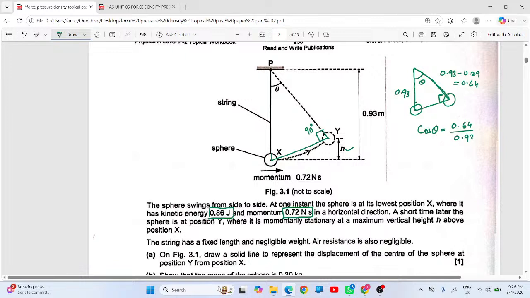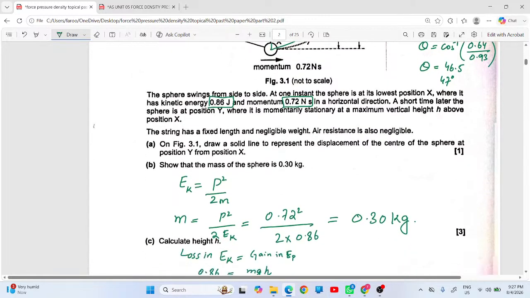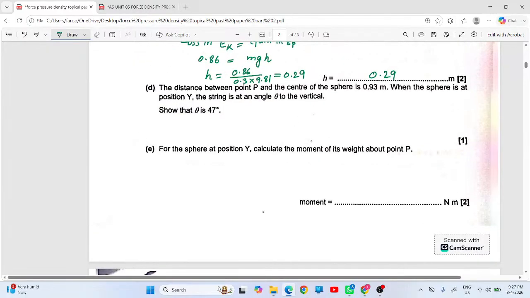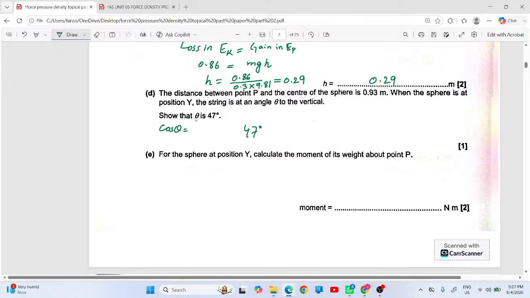So 0.93 theta equals cos inverse 0.64 over 0.93. चेक करें, इसका आंसर भी एक बार चेक करें. ठीक है, 46.5 which is 47. cos थीटा हमने लगाया 0.64 over 0.93.